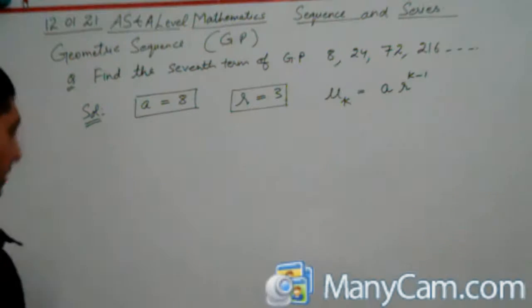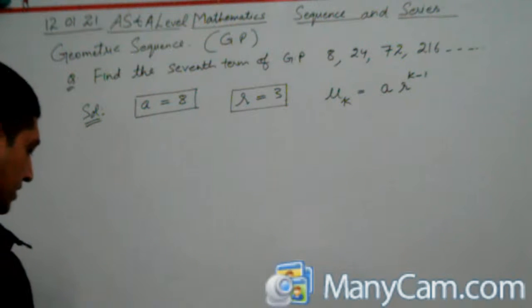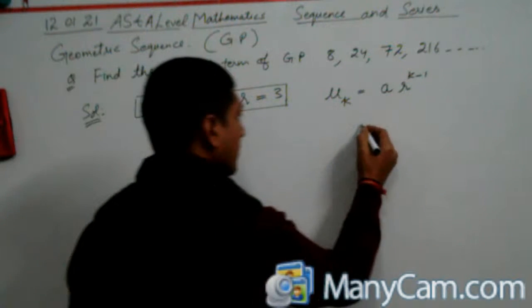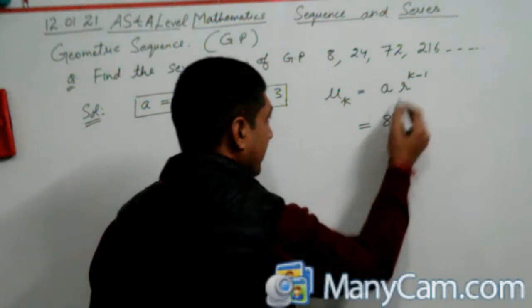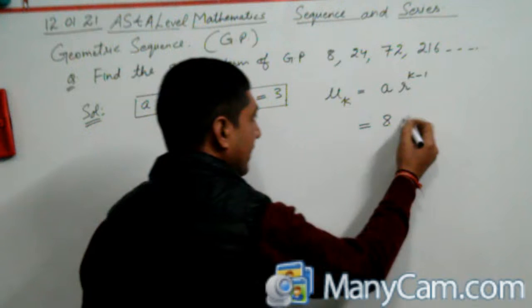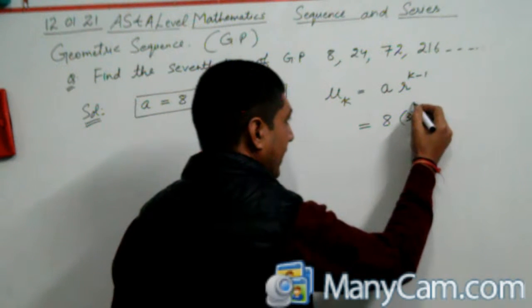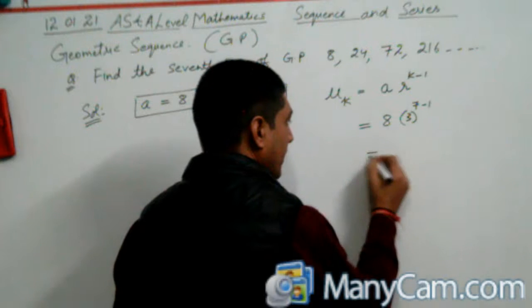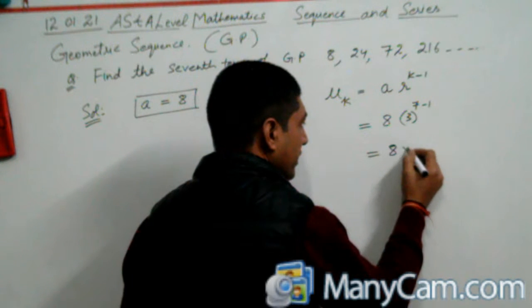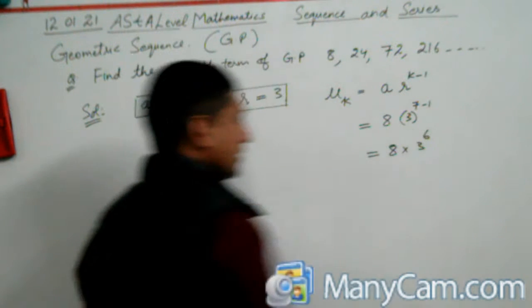So here we will put in the values. The first term a is 8, and the common ratio is 3, raised to power n minus 1, where n is 7, so 6. So we have 8 into 3 raised to power 6, right?